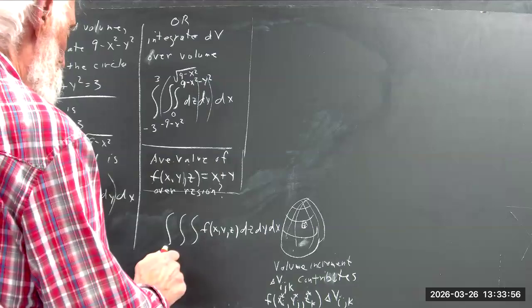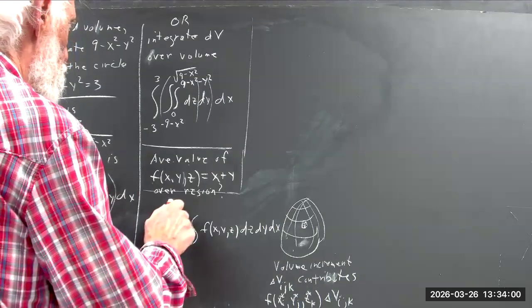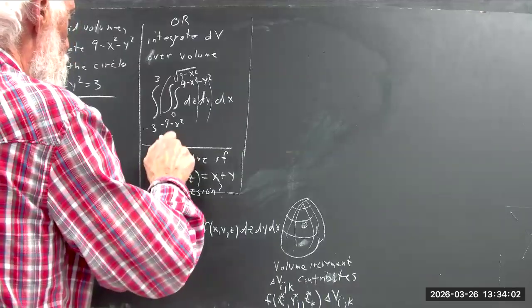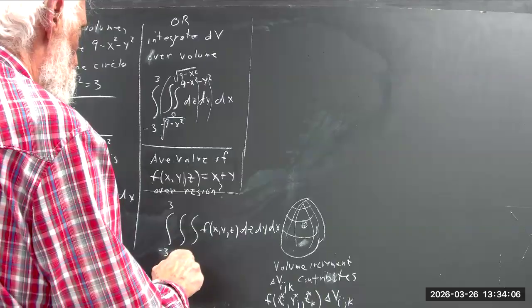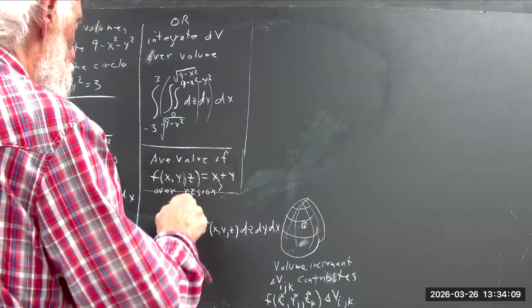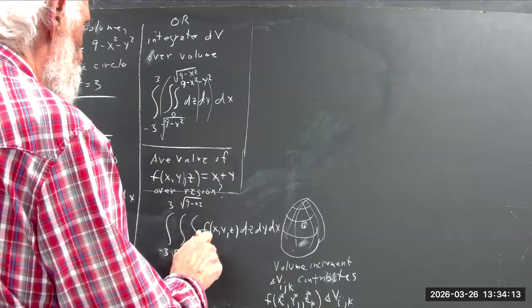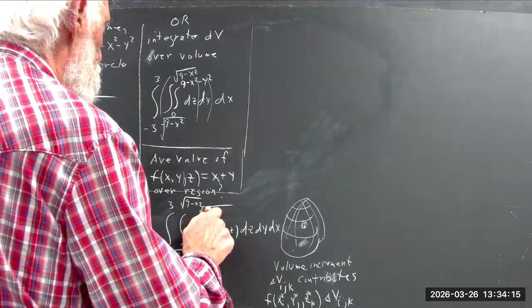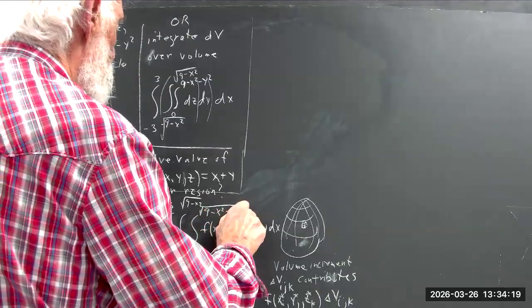From -3 to 3, negative square root of 9 minus x squared to the square root of 9 minus x squared, and from 0 to the square root of 9 minus x squared minus y squared.